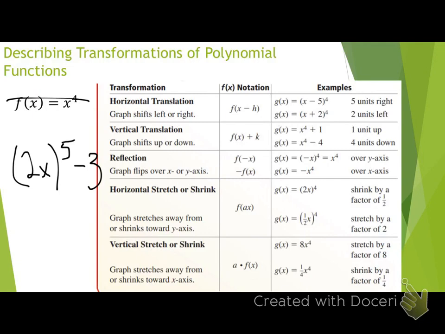No, it's not. Am I adding or subtracting outside the parentheses? Subtracting, right? So it's going to be a vertical translation. How many units and which way am I going? It's a minus 3. If it's vertical, it's either up or down. Down how many? 3 units.